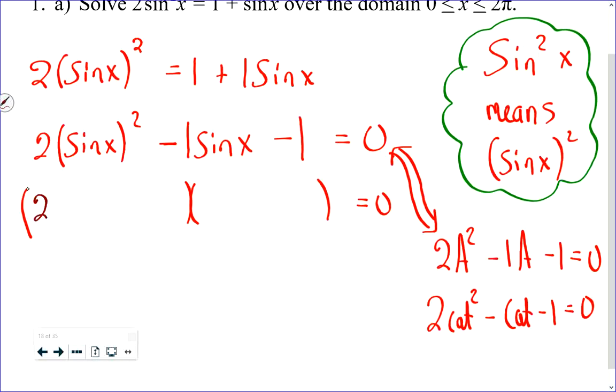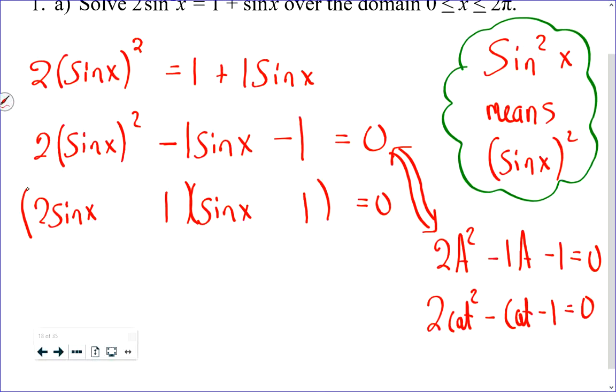So we're going to have 2 sine of x and sine of x. And just stop for a second and FOIL that out so far in your head. Hopefully you'll see that when you take 2 sine of x times sine of x, you get 2 sine of x quantity squared. The numbers that we have to put in these two places have to multiply to give the 1.